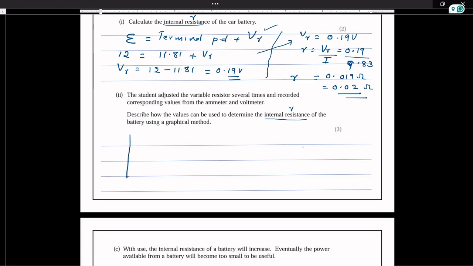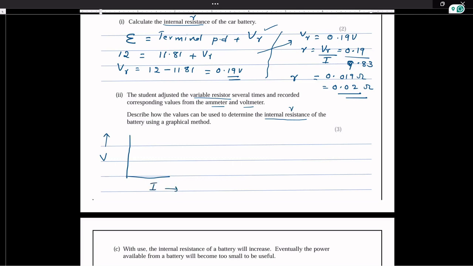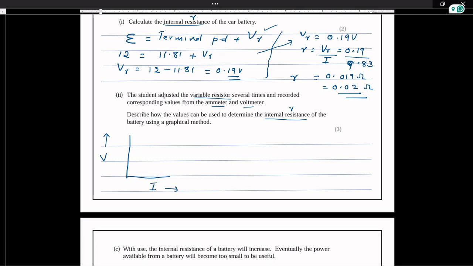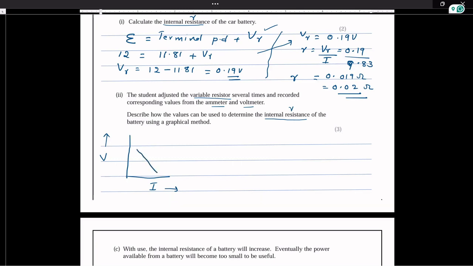He adjusted the variable resistor several times and recorded the values of ammeter and the voltmeter. So the voltmeter reading is the terminal PD, and this is the current. On plotting, you will get a negatively sloped line.